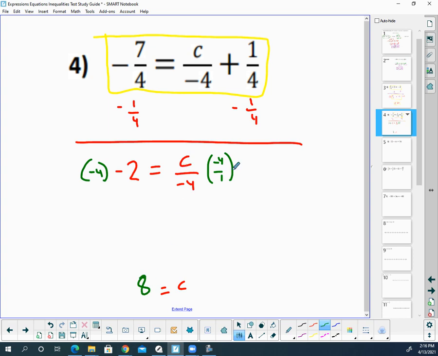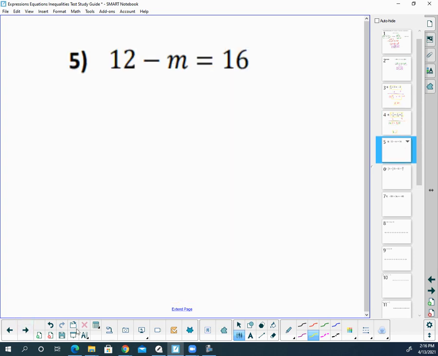And of course, c over -4 times -4 over 1 is just 1c. So there's my answer there. So original equation, subtract 1/4 from both sides, you get this equation, and multiply both sides by -4, you get this equation.